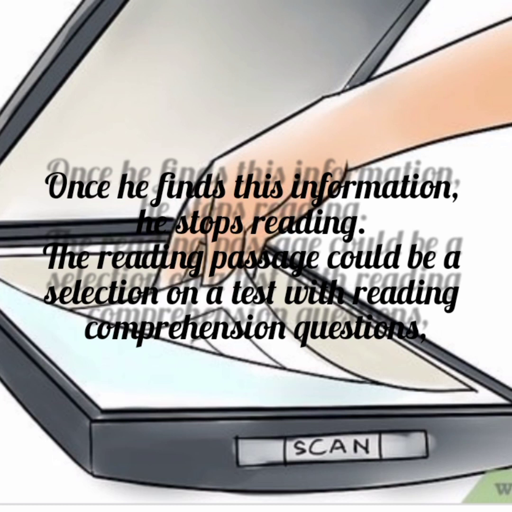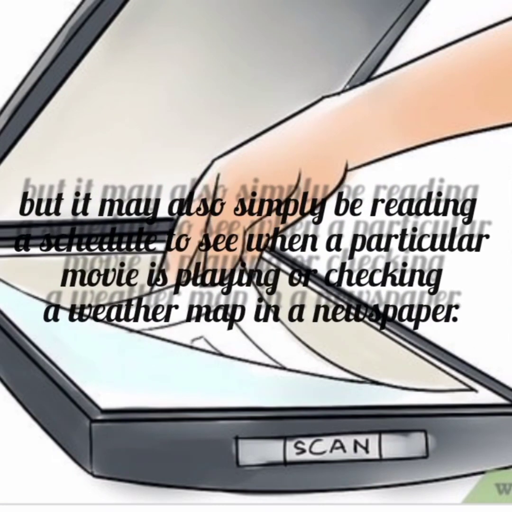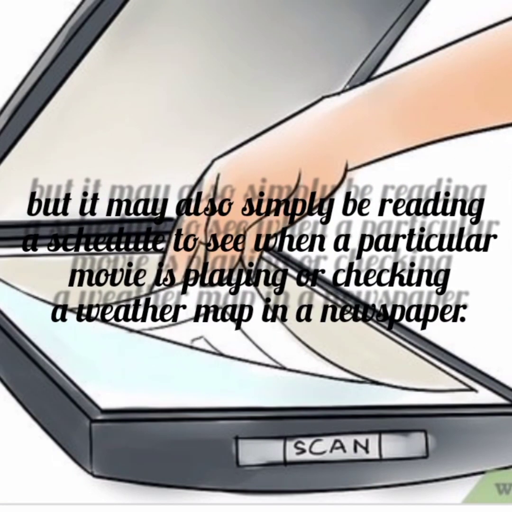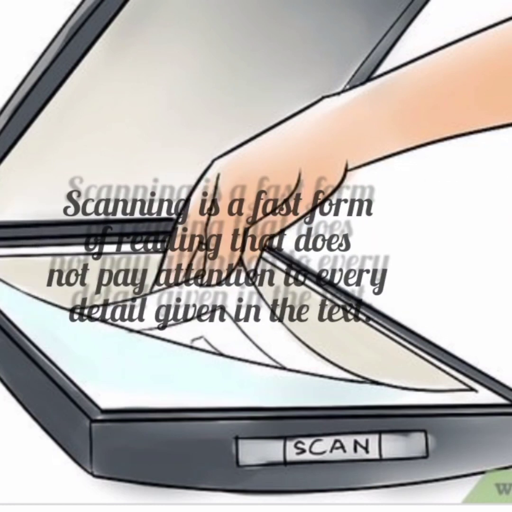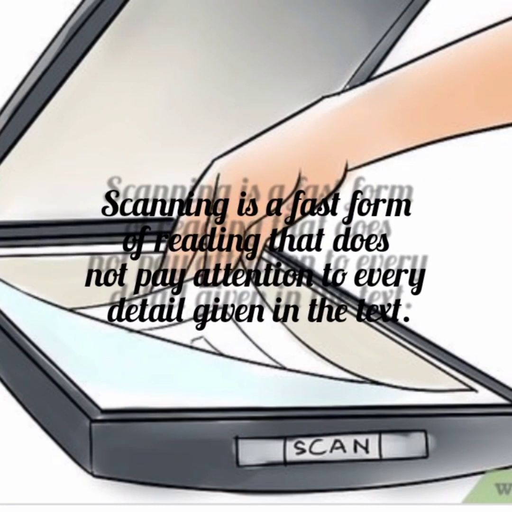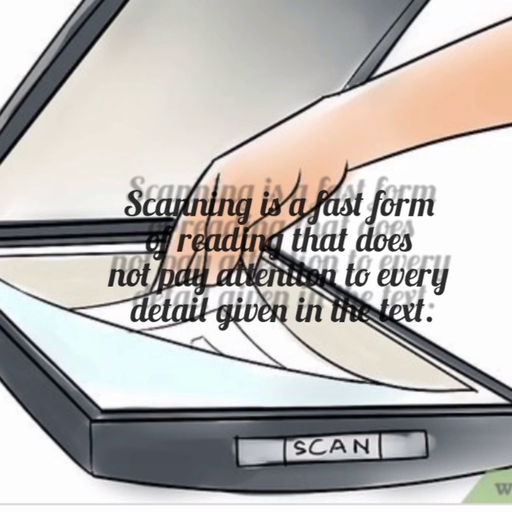The reading passage could be a selection on a test with reading comprehension questions, but it may also simply be reading a schedule to see when a particular movie is playing or checking a weather map in a newspaper. Scanning is a fast form of reading that does not pay attention to every detail given in the text.